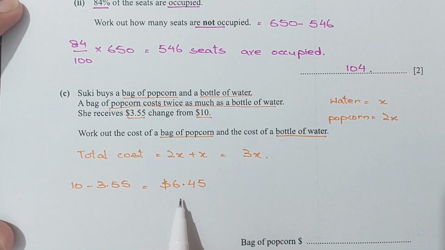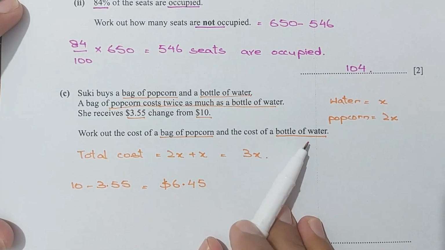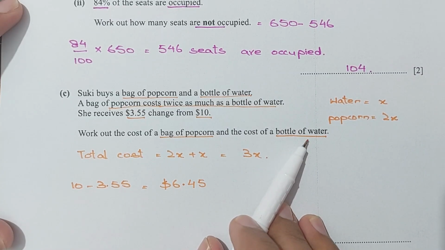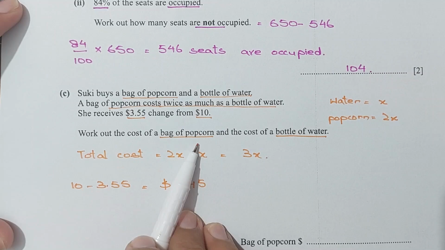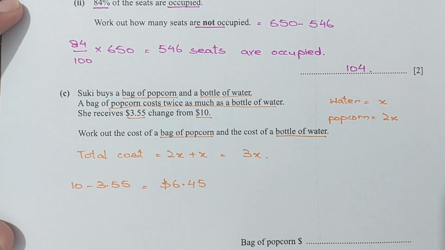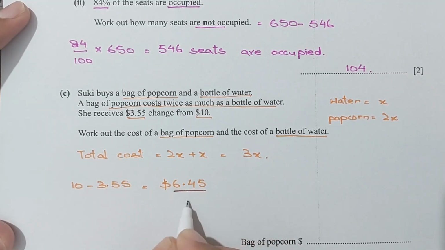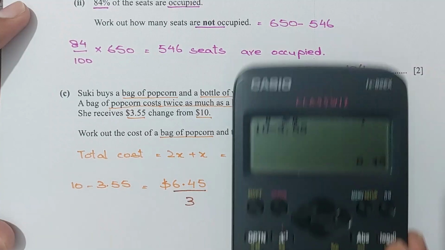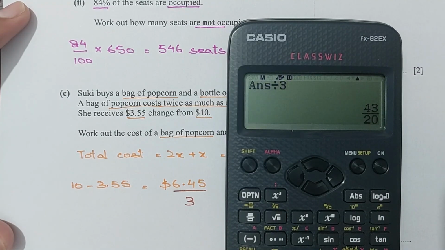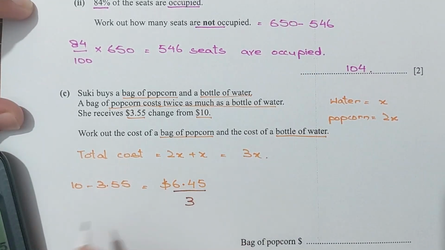Now we have to find the cost of the bottle of water and the bag of popcorn. So let me divide this by 3. So this is the cost.